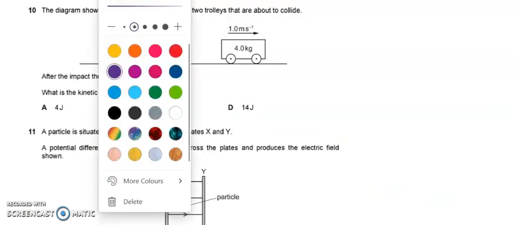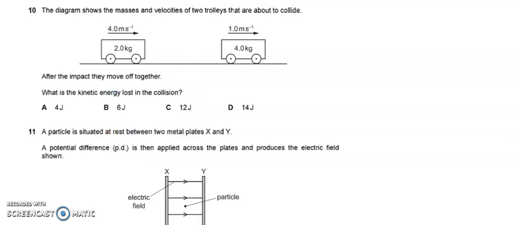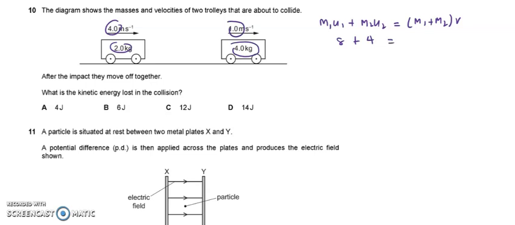All right, for question 10, we see that both trolleys, after they collide, stick together. So they move at the same velocity. So if we use the principle of conservation of momentum, m1 u1 plus m2 u2 equals (m1 plus m2)v. So m1 is 2, u1 is 4, so this will be 8. m2 is 4, u2 is 1, so this is 4.